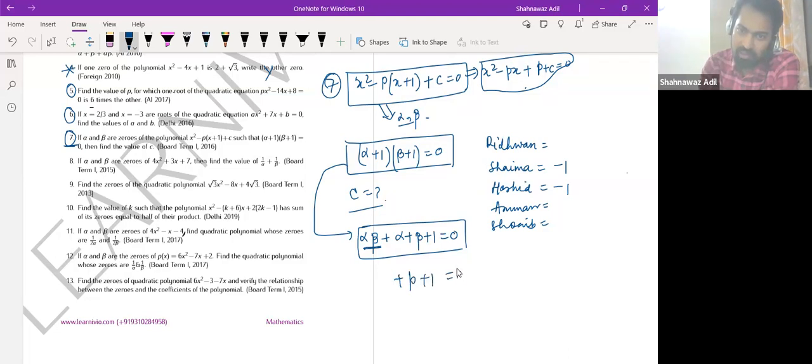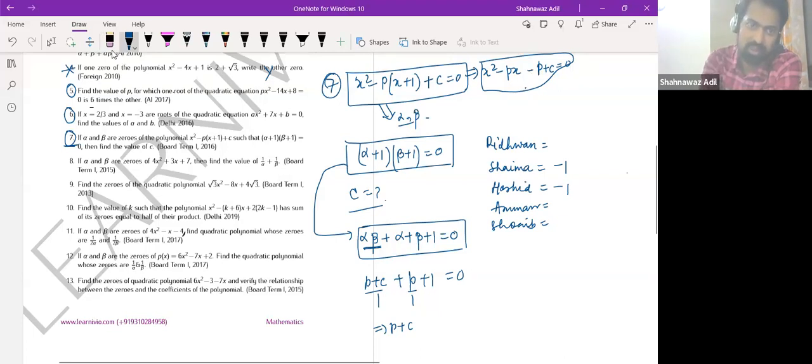And alpha into beta, that is P plus c by 1. So P plus c, right? So it's negative P, right? In here, this is negative, this is negative. So this is cancelling. This is P plus 1. It is 0.